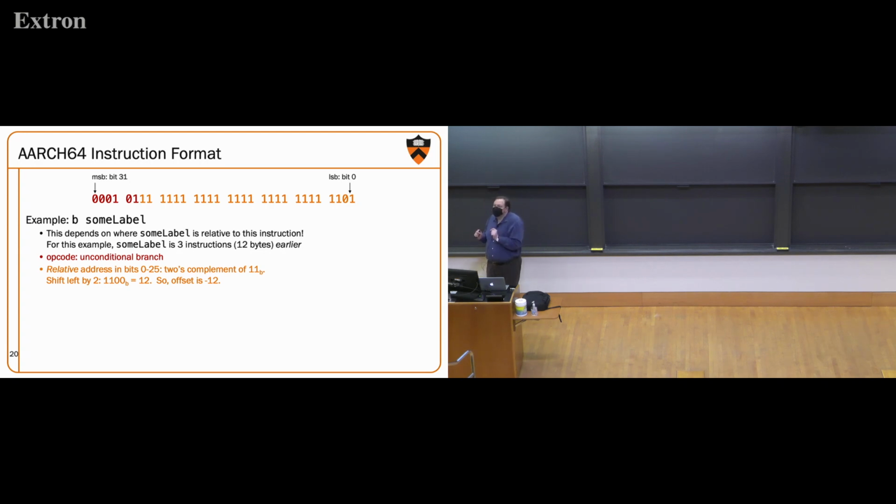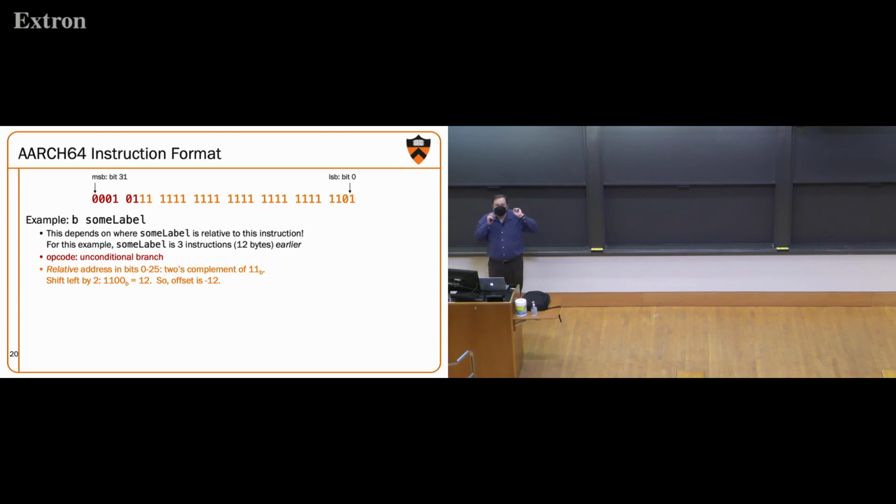If you can't stare at that and realize it's -3, go through the algorithm: flip all of the bits, add 1, and that is the negated version of that. So this is -3. But we have to add an implicit couple of zeros at the end. We have to multiply that number by 4 in order to figure out the true offset.